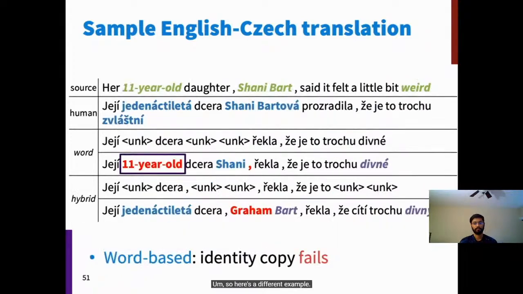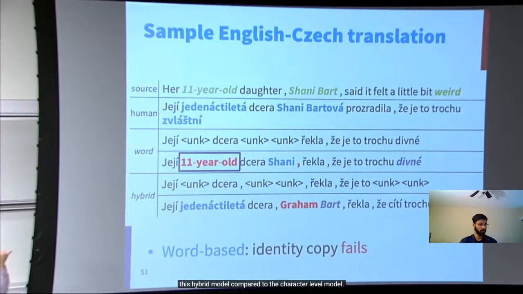So here's a different example. This is the example I showed before compared to the character level model, because the character level generator is kind of this second level.